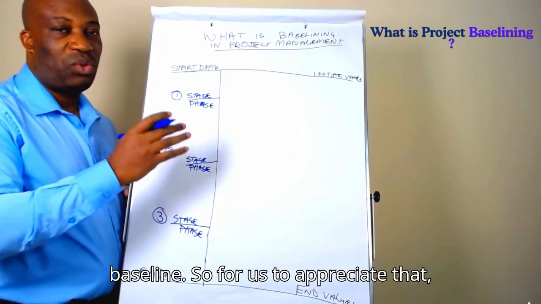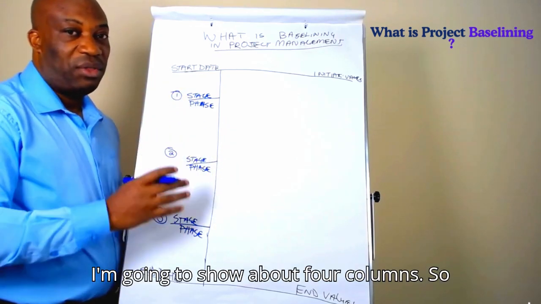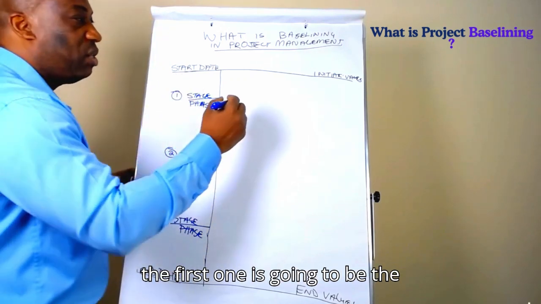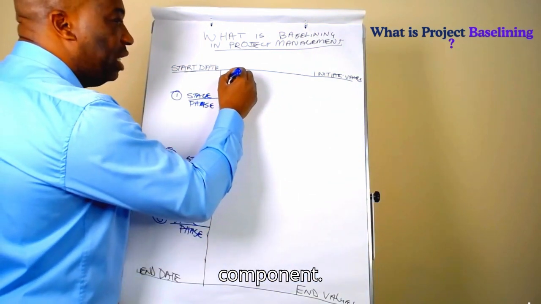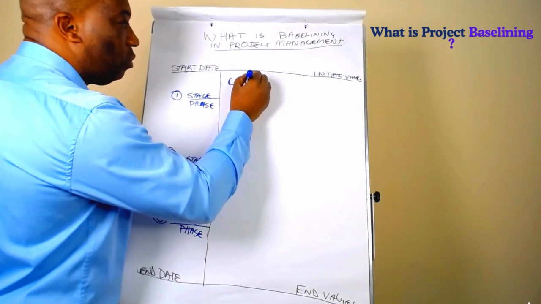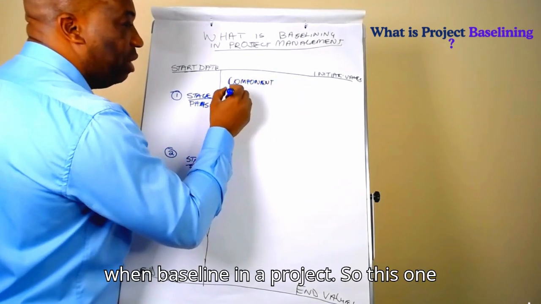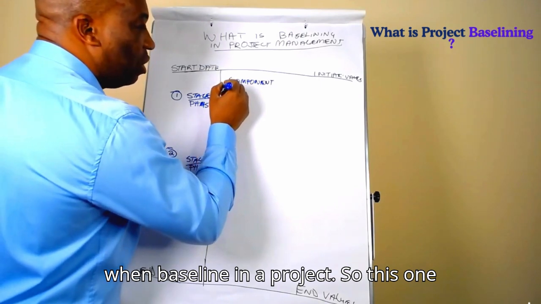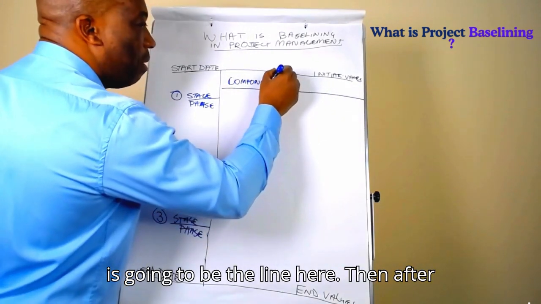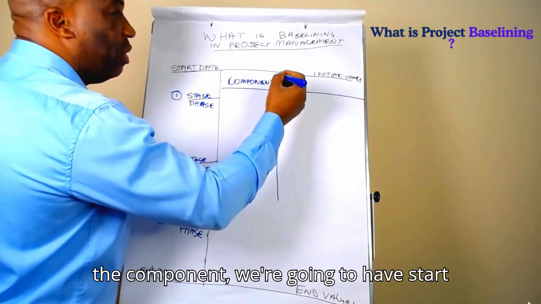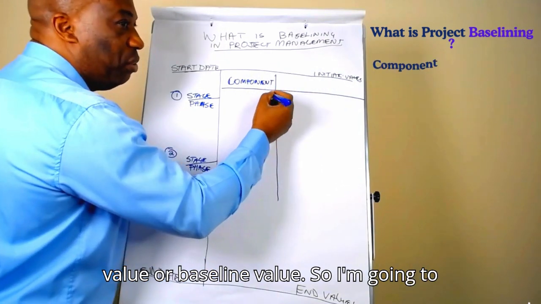So for us to appreciate that, I'm going to show about 4 columns. The first one is going to be the component that we are going to look at when baselining a project. I'm going to put a line here. Then after the component, we are going to have start value or baseline value.